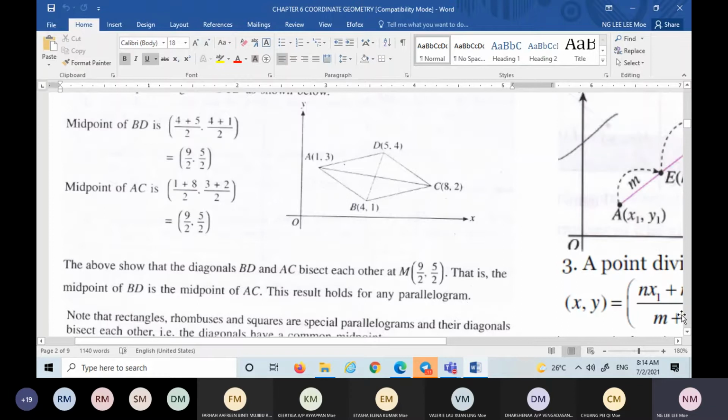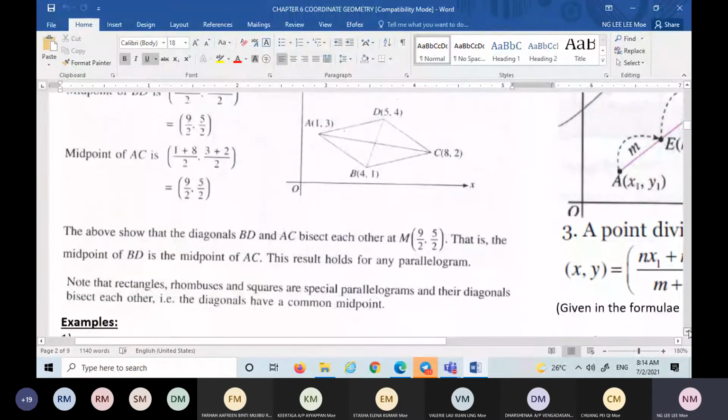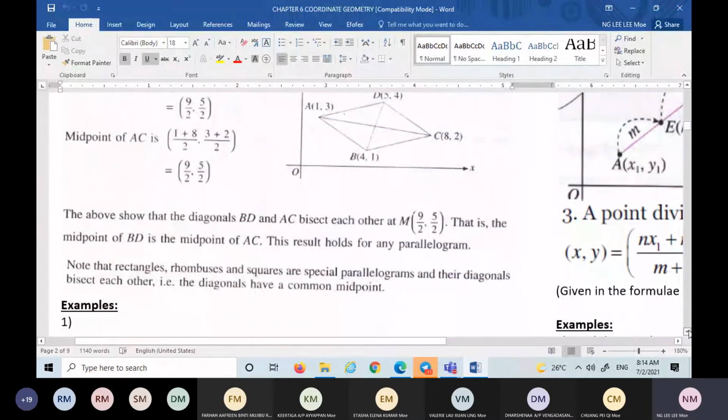Then we see it continues to define what a parallelogram is. Note that rectangles, rhombuses, and squares are special parallelograms, and their diagonals bisect each other. Because these three are parallelograms, it follows these rules also. The diagonals bisect each other, that is, the diagonals have a common midpoint.